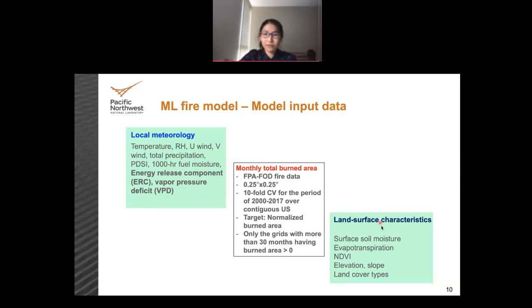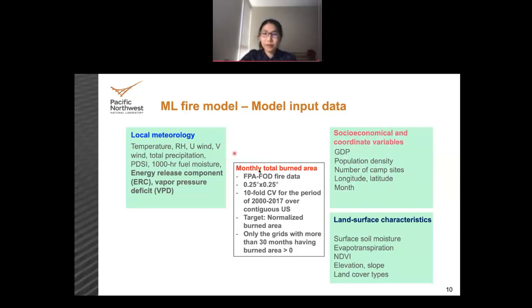Then we also have some predictors that describe the land surface characteristics, including soil moisture, evapotranspiration, NDVI, topography, and land cover types. Besides these two, we also have socioeconomic and coordinate variables to try to describe the impact of humans on fires, including GDP, population density, number of campsites, longitude, latitude, and month.